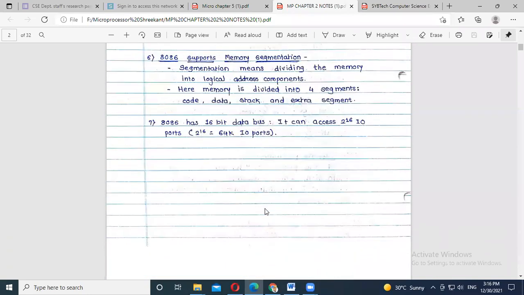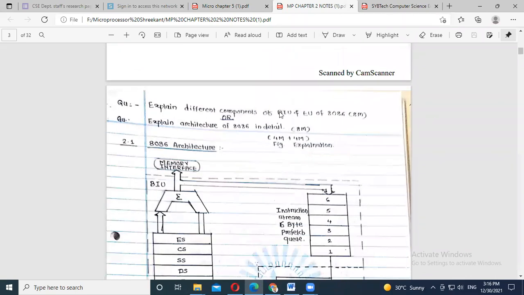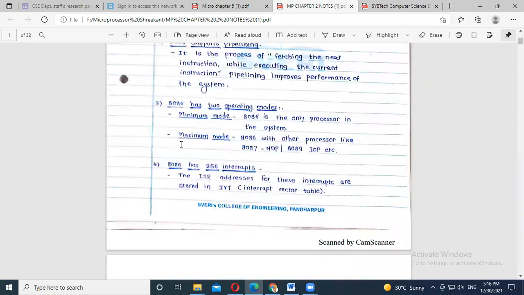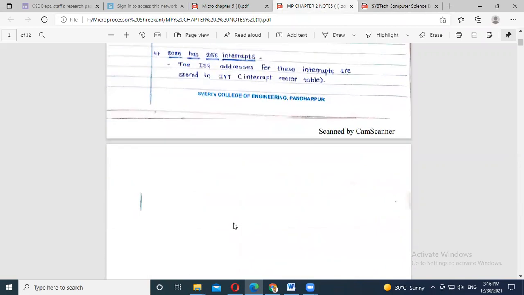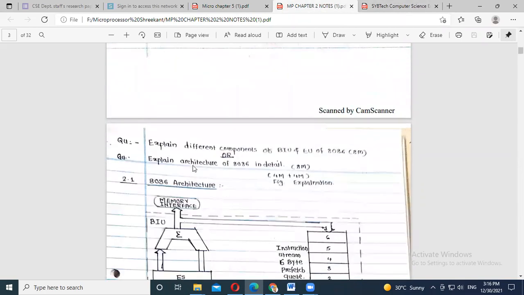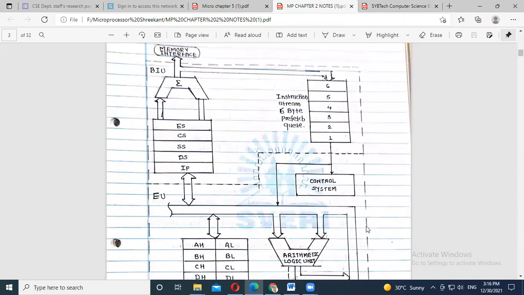So again, after that, having covered the features, as per the syllabus we will go for the architecture of 8086. Here I will show you a diagram, the architecture of 8086. This 8086 is maximally different from the 8085.